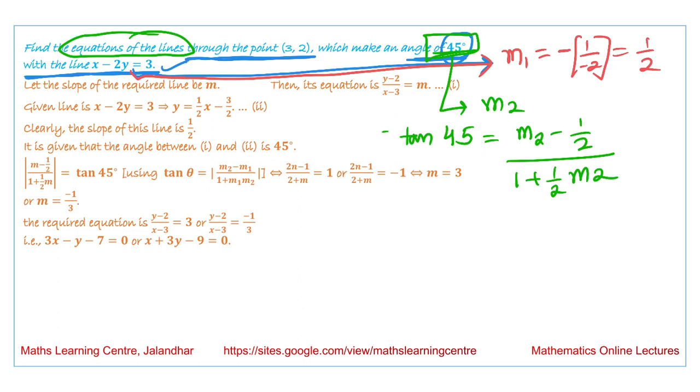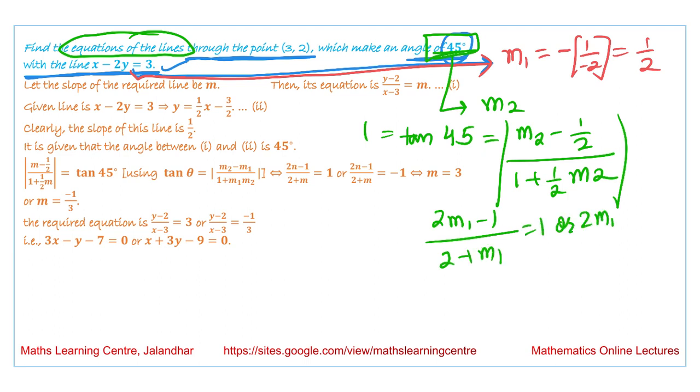Now tan 45, we know it is equal to 1. We are taking the mod of this value. So what we obtain from this is that 2m2 minus 1 over 2 plus m2 is equal to 1, or 2m2 minus 1 divided by 2 plus m2 is equal to minus 1.